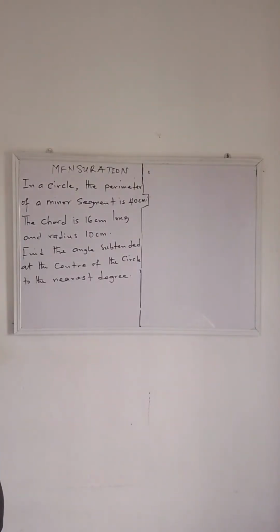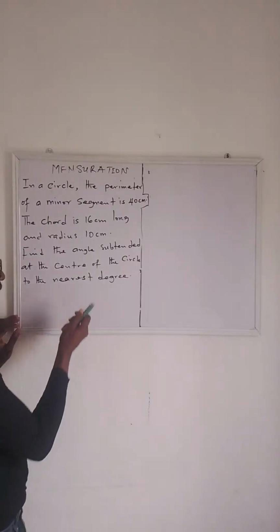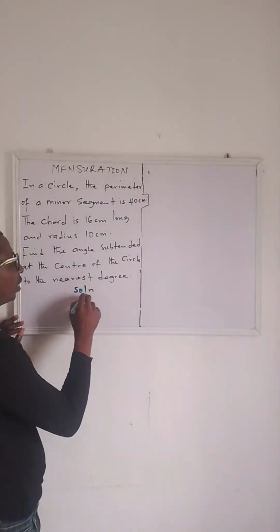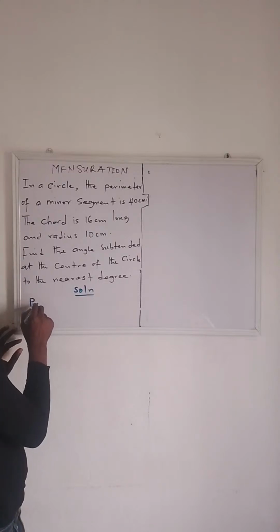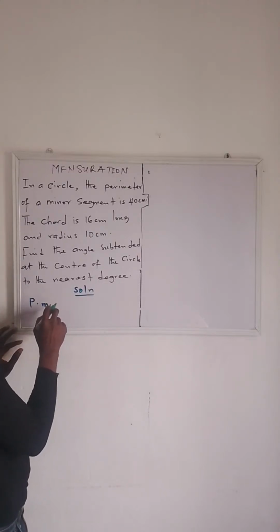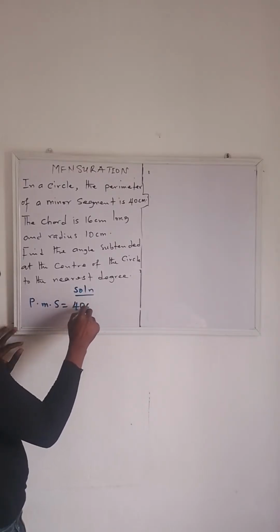In a circle, the perimeter of a minor segment is 40 centimeters. So let me try and list all the parameters given. Now, perimeter of minor segment is given to be 40 centimeters.